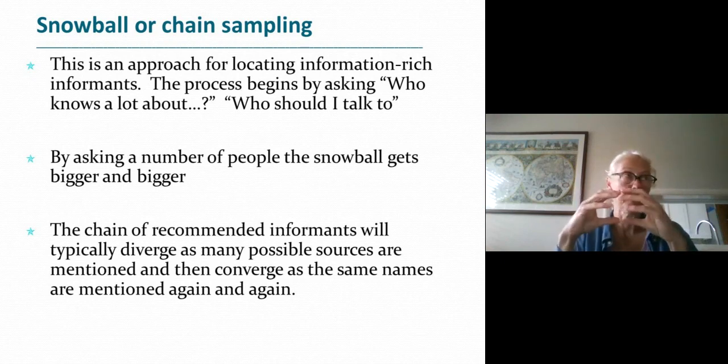So you start off by finding one or two people who are information-rich informants, and actually through those people you ask for other people they know who might meet the criteria. So in my PhD, I found some people who were very knowledgeable about transport and tourism to talk to, and then from those got guidance on who else would be useful to talk to in that area.